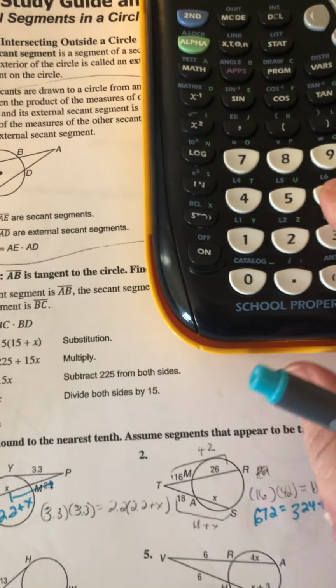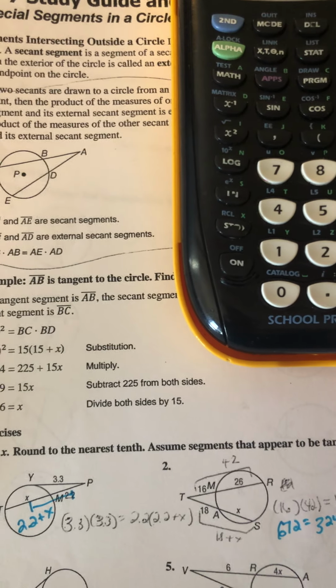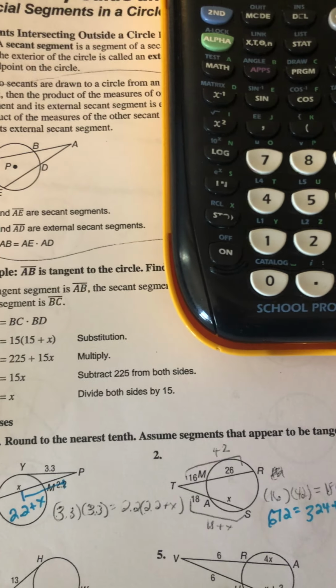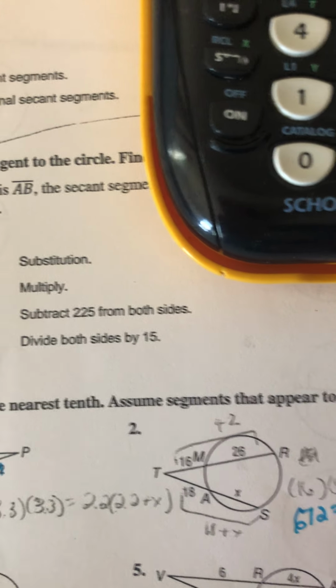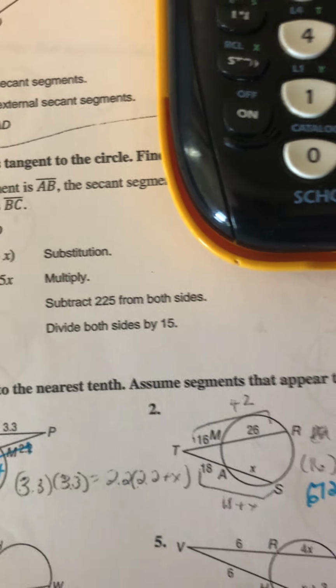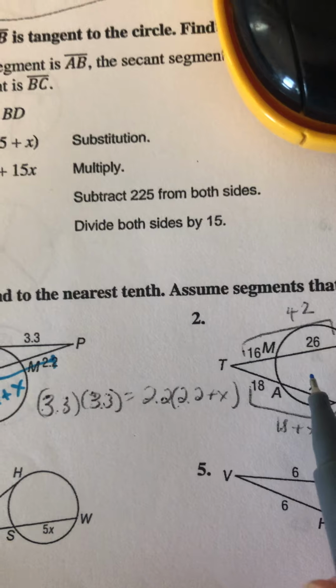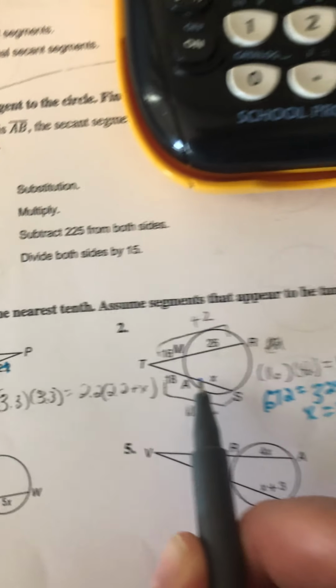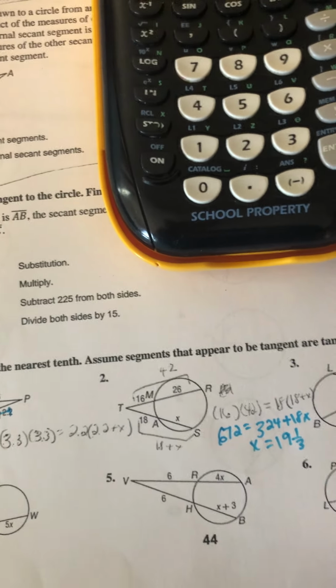So we're going to take 672 and subtract 324 and divide that answer by 18. And so we get x equals 19 1/3. So 0.3 repeating on your calculator is 1/3. So the length of this segment right here, from A to S, has a length of 19 1/3.